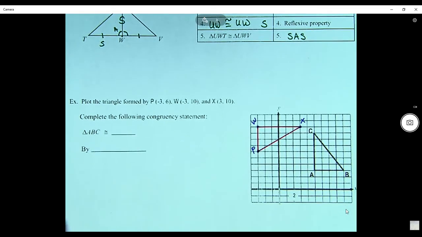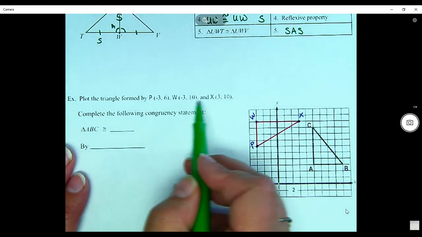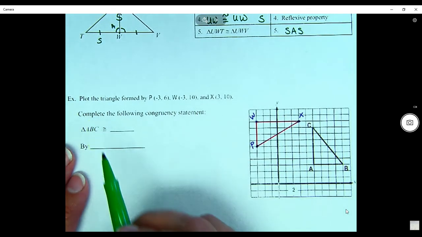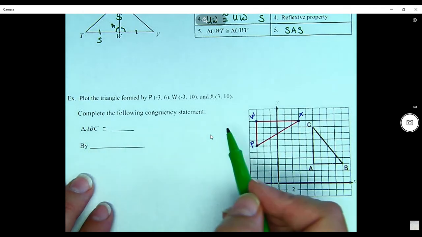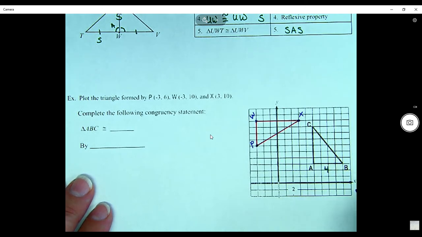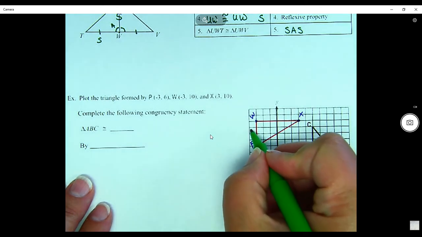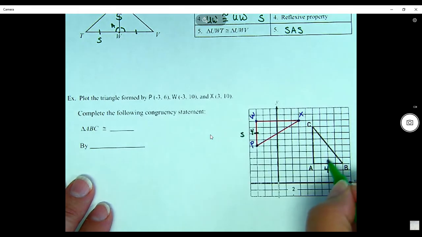Okay, let's look at one more problem. They asked us to plot this triangle, and I've already done that for us. So it's triangle PWX, and it asks us to complete the congruency statement. So what I've done is I've gone ahead and counted how many units are here, and I've got 4 units for AB, but I also have 4 units for WP. So right there, I've got a side.